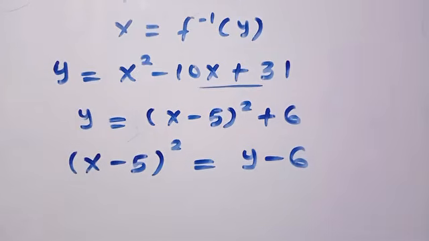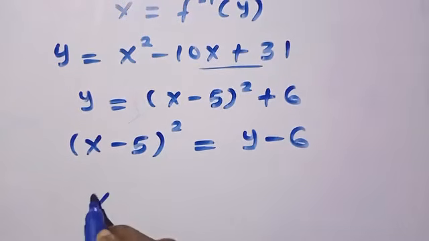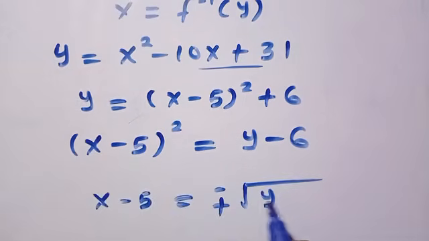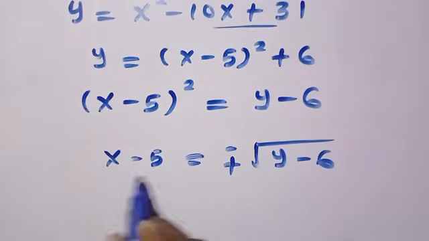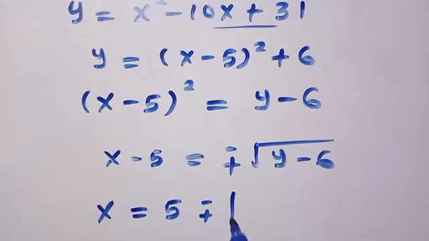Then we take the square root of both sides, and we have x minus 5 equals minus plus the square root of y minus 6. Adding 5 to both sides, we have x equals 5 minus plus the square root of y minus 6.